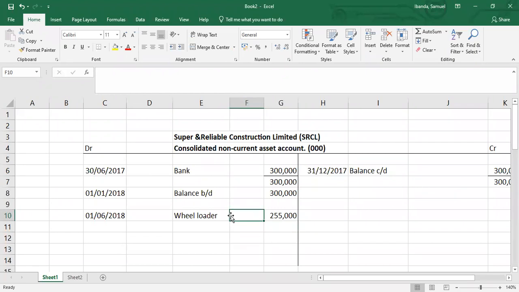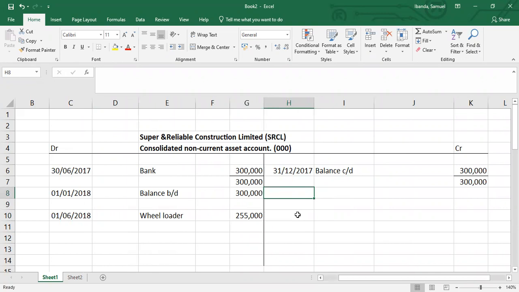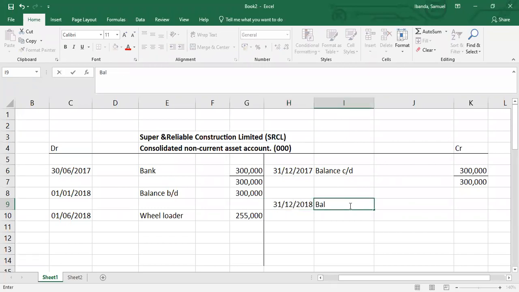So what I'll do, this side is now 555. So I'll total up, get the difference between the sides, and then I'll have the balance carried down. So on 31st December 2018, I'll have a balance carried down on this account. So in this account, I have 300 this side.